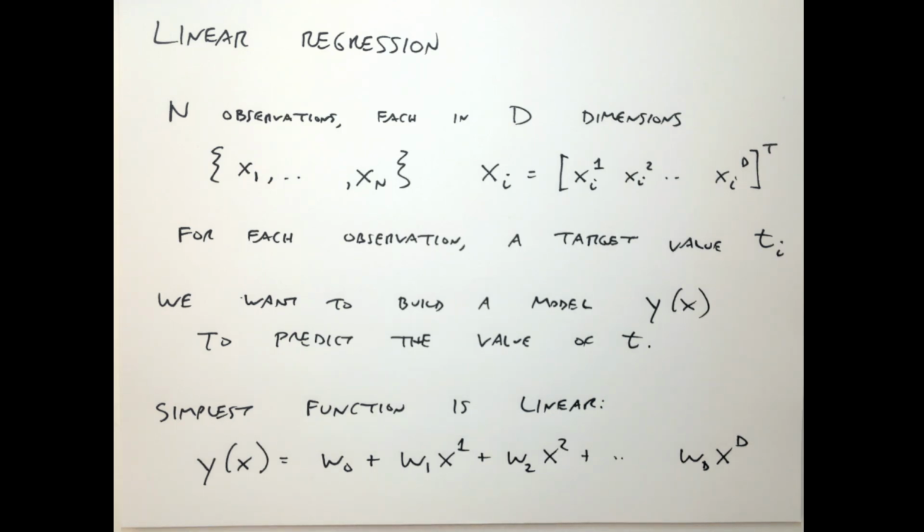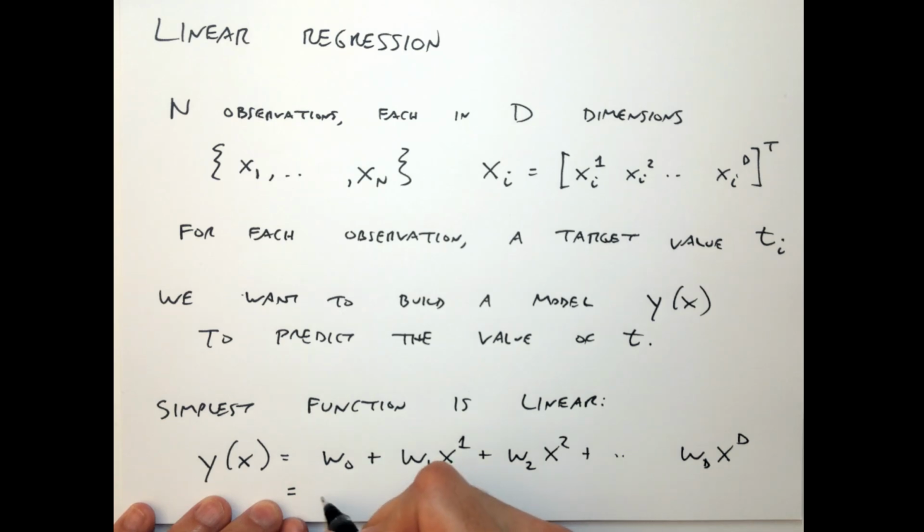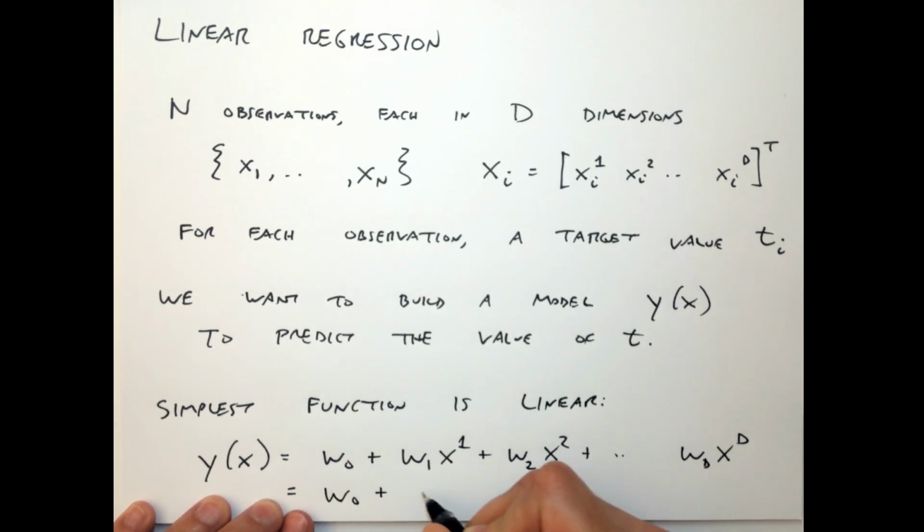Okay? And a different way of writing this would be to say, w0 plus some weight vector transpose x, right?